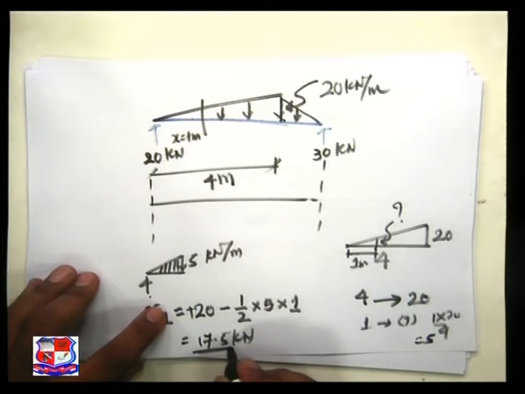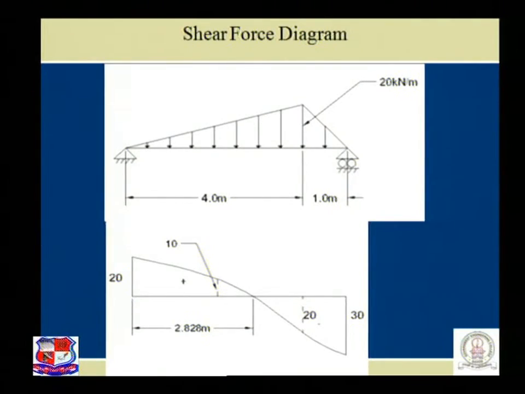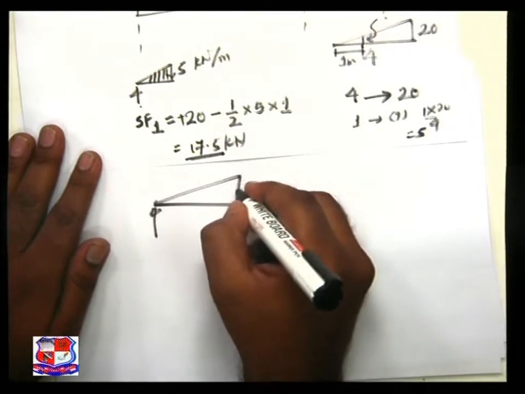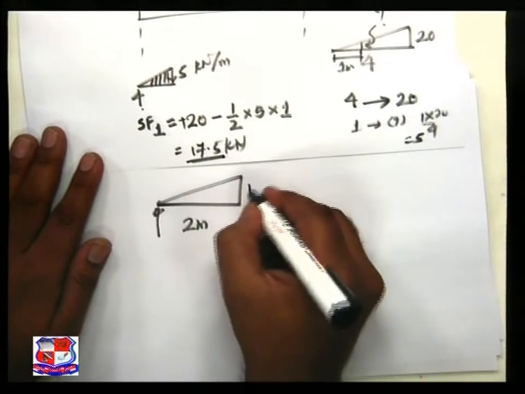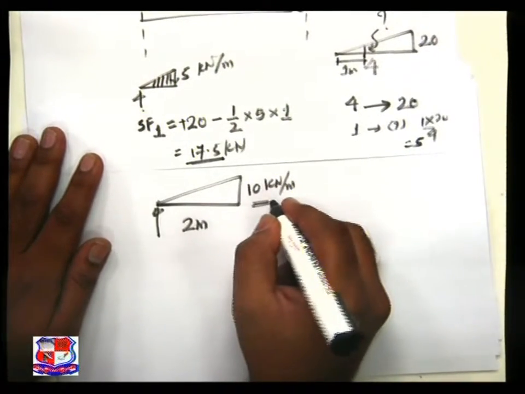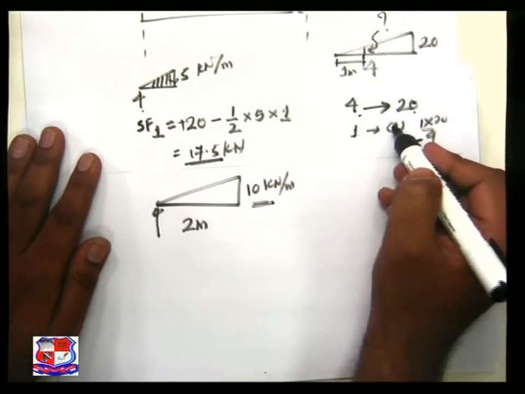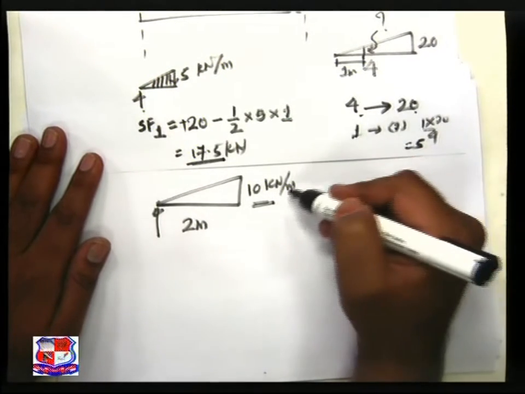Now similarly find out at 2 meter. If we go for 2 meter, this is x is equal to 2 meter and this ordinate is of 10. Question may arise, how is it 10? Similarly, for 4 meter, if it is 20, for 2 meter how much? 2 into 20 by 4, 40 by 4, it is 10.